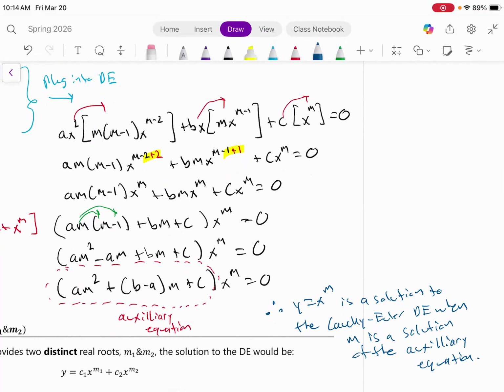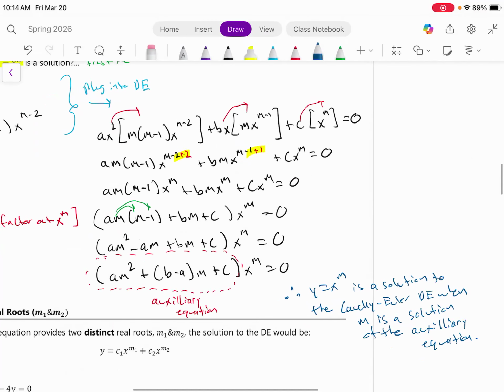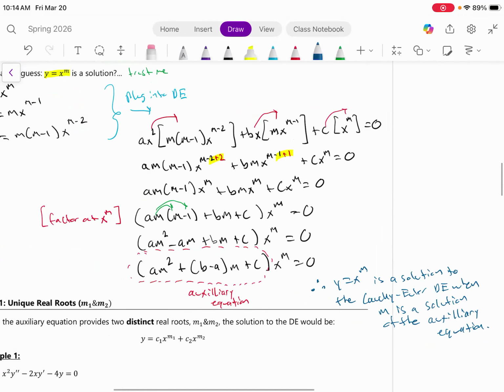Okay, so that's what this statement means. Okay, so that's the setup. That's the auxiliary equation. So that's it for this video.